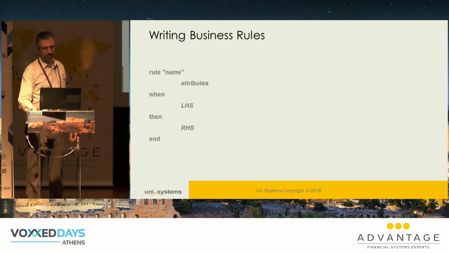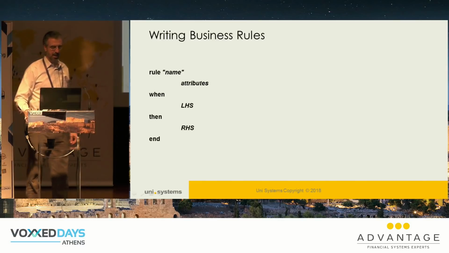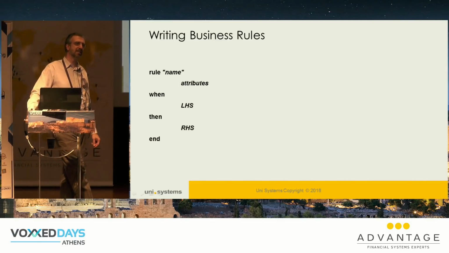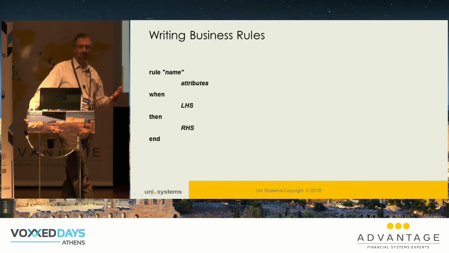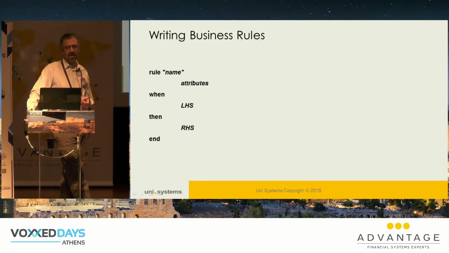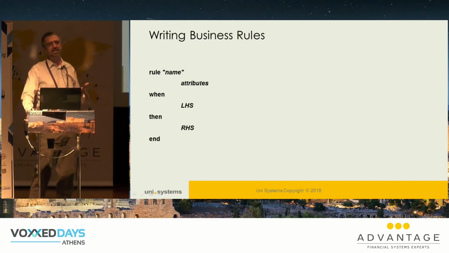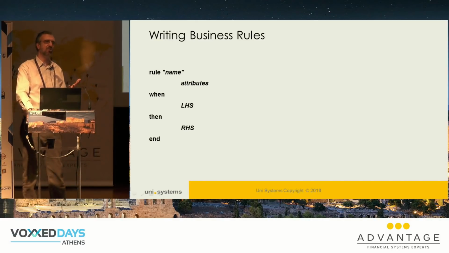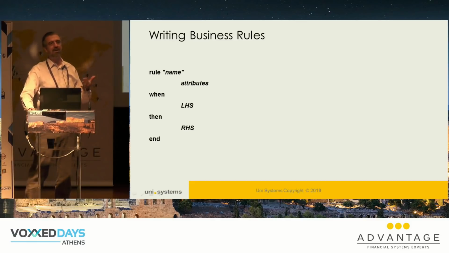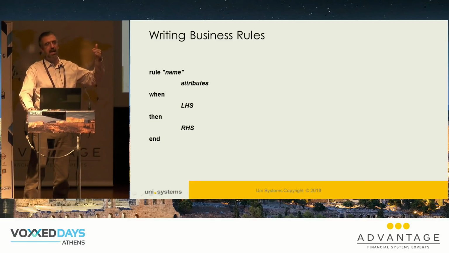Writing business rules. A basic primer on what a business rule is. Every rule has a name, and it has some attributes, which are the entities that it's going to work upon. Then you have a when and a then.